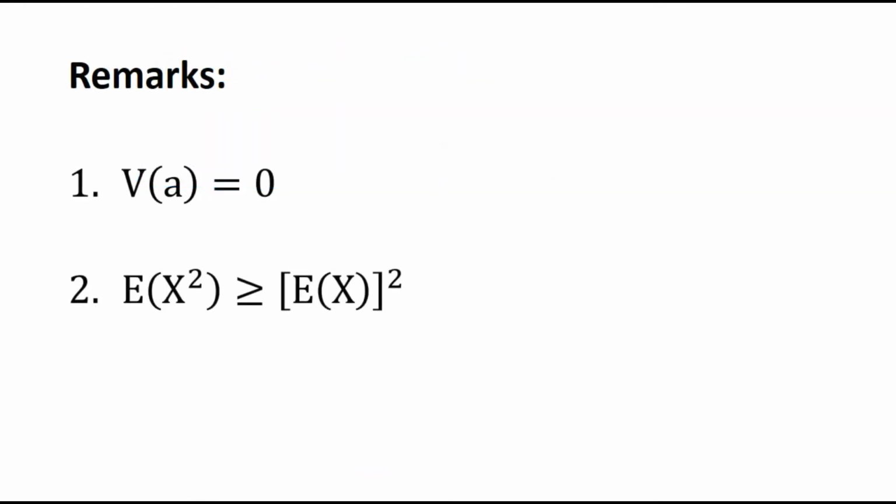Remarks. First one is variance of a constant is 0, and the second one is that expected value of x square is greater than or equal to (expected value of x) whole square. Proof of this second remark can be done as follows. We know that variance of x is greater than or equal to 0.